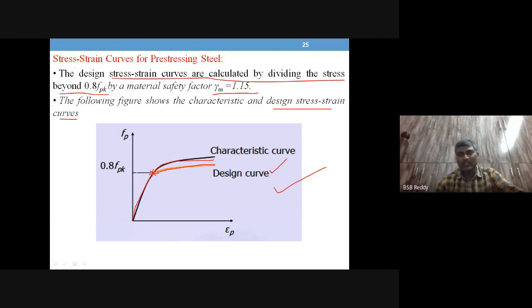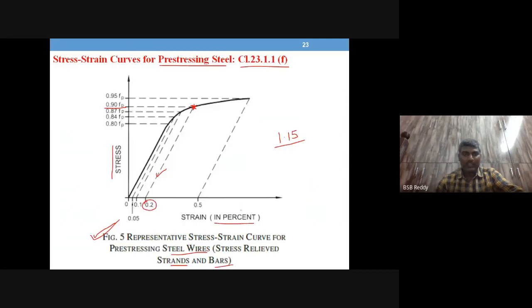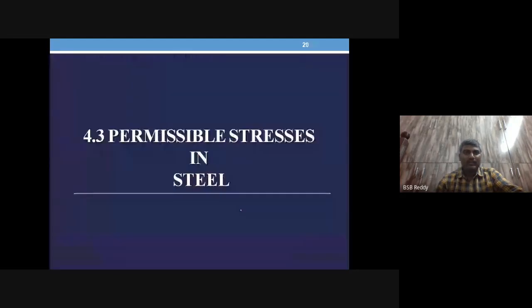That is what is called design stress strain curve. So this is the information regarding the permissible stresses in steel.